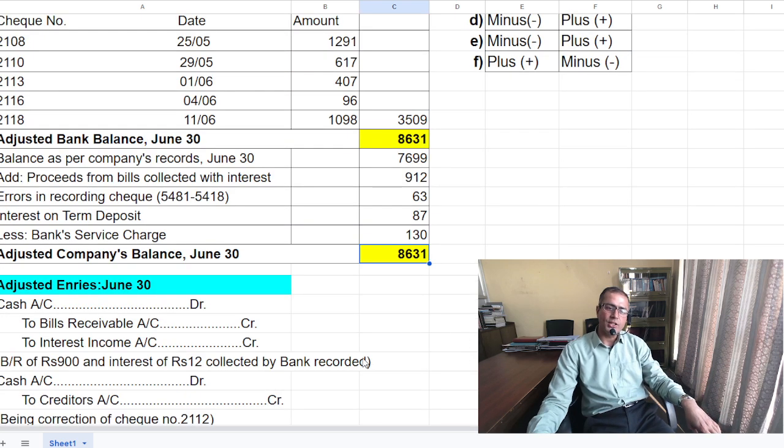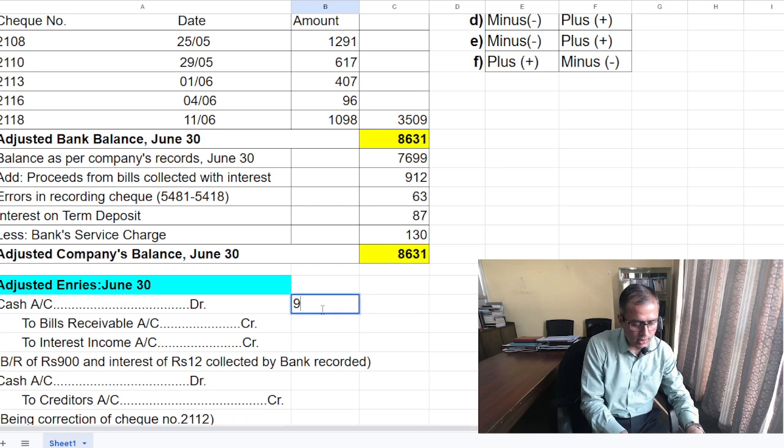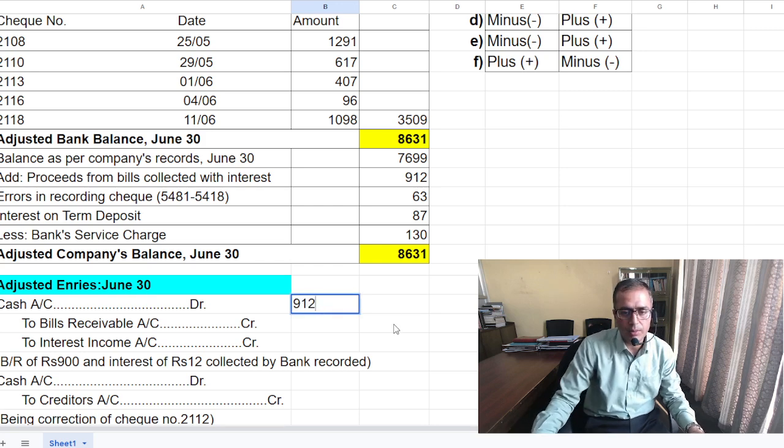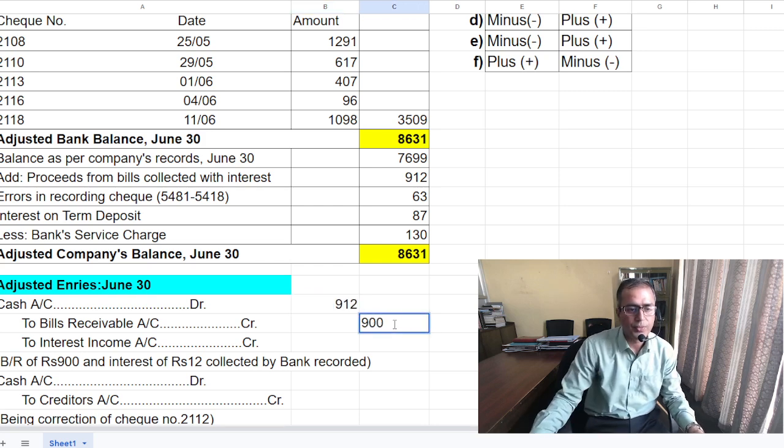Now what about the adjusting entry? As we know, the BRS would be prepared by the companies, right? So you have to prepare the journal entry like this: cash account debit, how much? That is 912. Bills receivable amount is 900 and interest is 12.